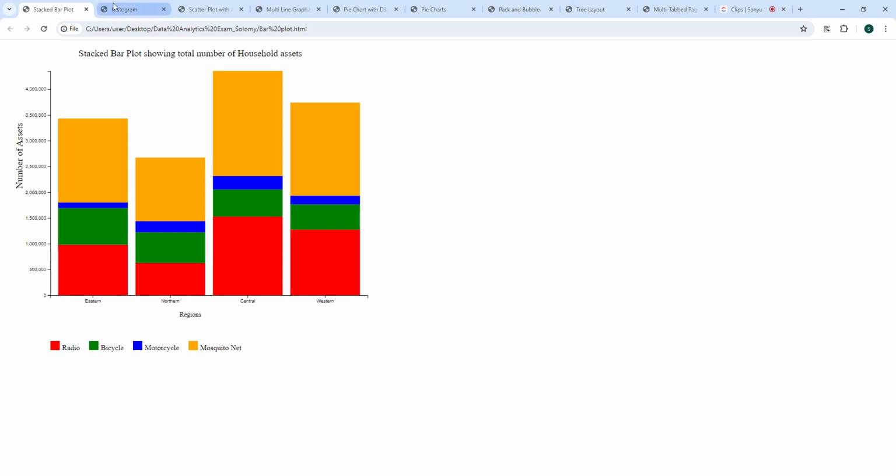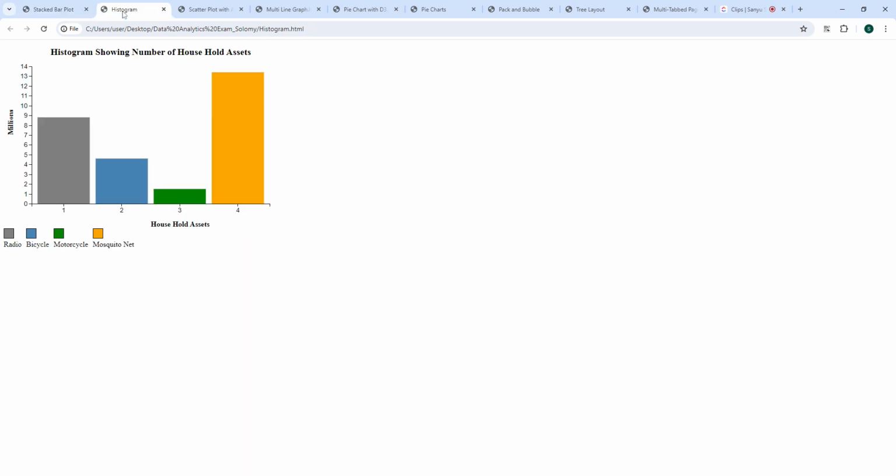Then I created a histogram. A histogram is used to visualize quantitative data. So we have household assets, which are radios, bicycles, that we are using.